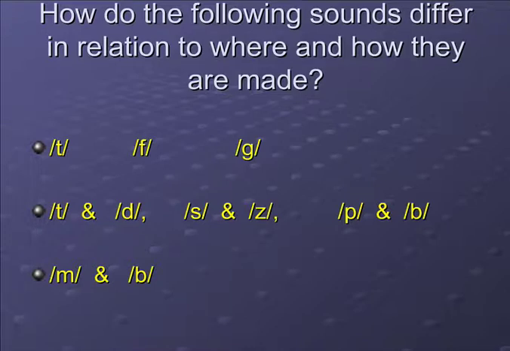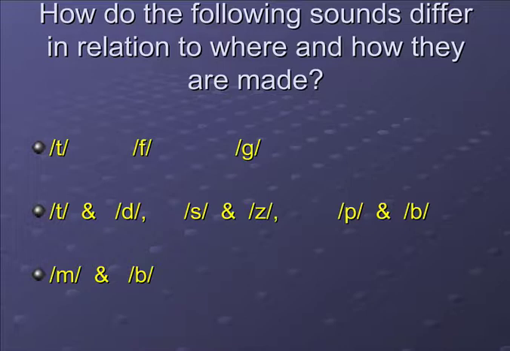What that means is it's the top of your teeth connecting with the bottom lip to make that sound. And g, do you need your lips when you make g? No, g is made at the back of your mouth. In all of these cases, the airflow wants to go out, and in some way you constrain it or you stop it.